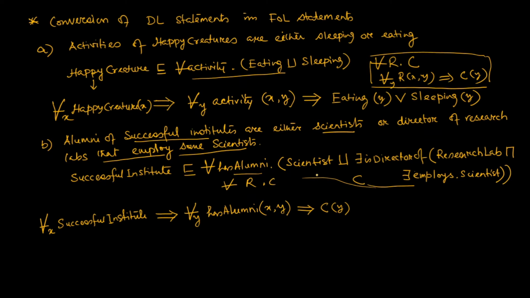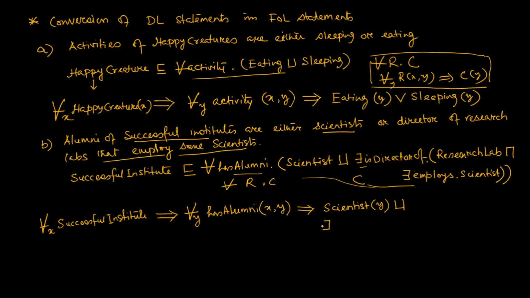Now let us try to convert this C, right? So this C is either a scientist, so Y is either a scientist, or, now we need to model the exists, and we can model the exists by the exists symbol in first order logic.